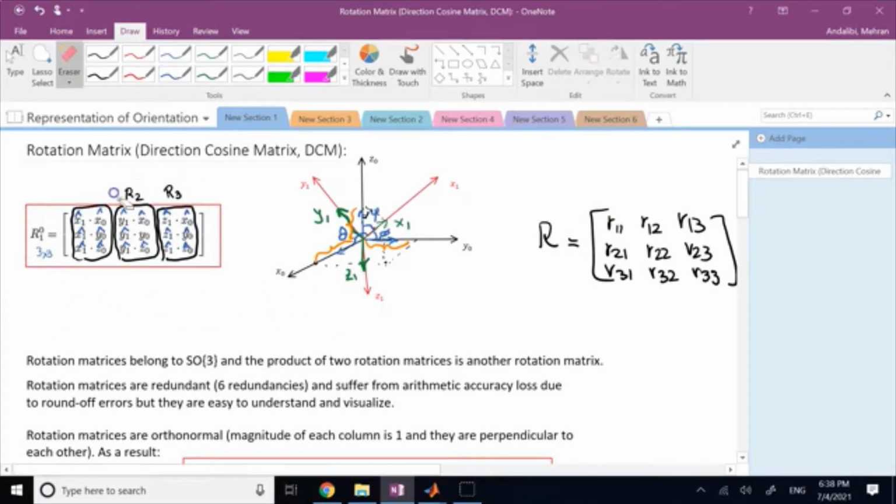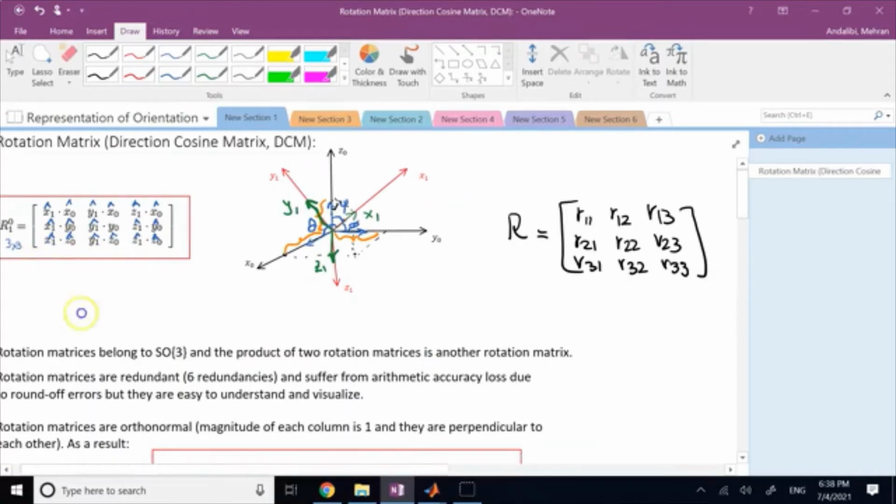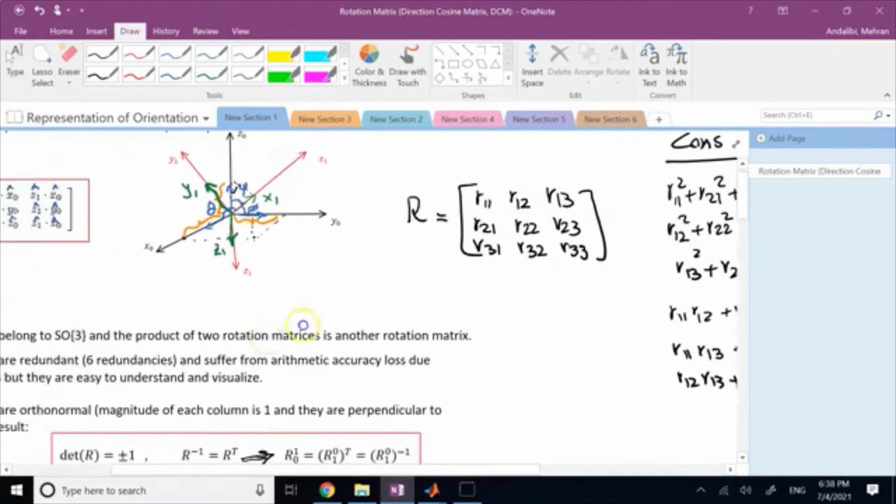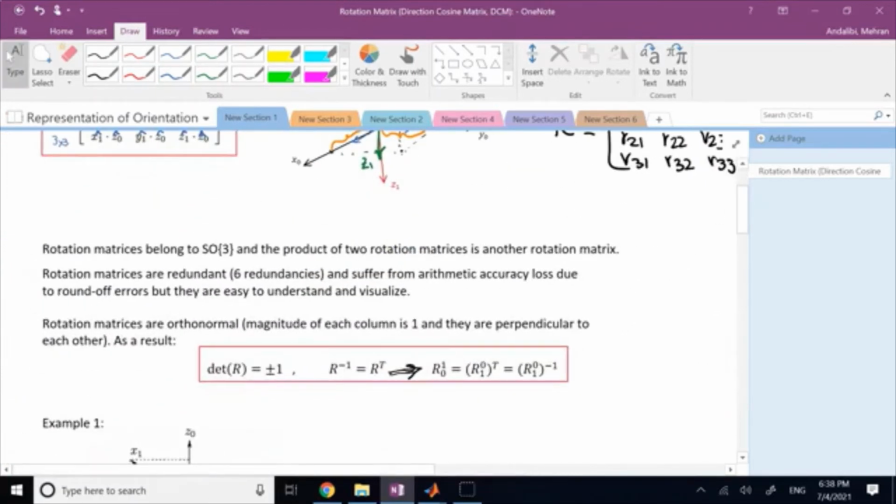But if you keep multiplying these rotation matrices over and over, because of the round off error, after a while you end up with matrices that are not really rotation matrices anymore. It means that if you calculate the determinant, it is not 1 anymore, and the inverse is not the same as the transpose.